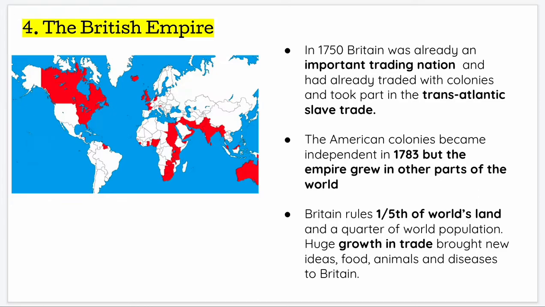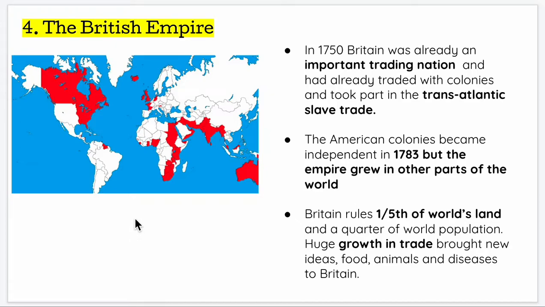Right, number 4 then, the British Empire. So in 1750, right at the beginning of this period, Britain was already an important trading nation with colonies in America and in the West Indies. The American colonies became independent in 1783, but Britain's empire continued to grow in other parts of the world, particularly in India.